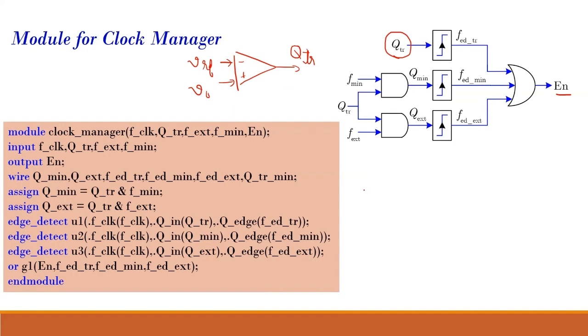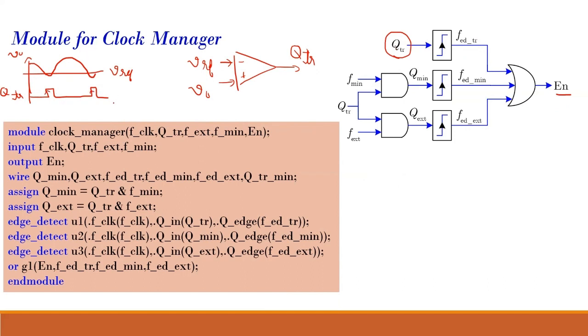So as I drew the waveform, suppose this is my Vref, this is my Vout, and so my QTR is this. This dash line is my Vref. So my enable signal can come when QTR goes high.